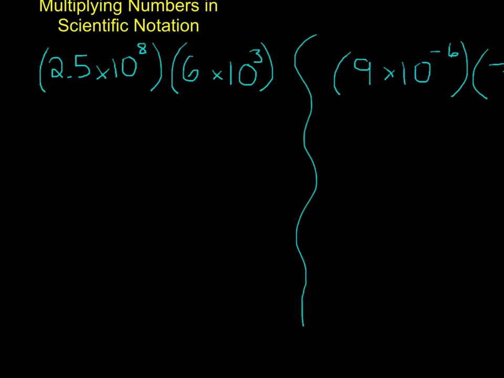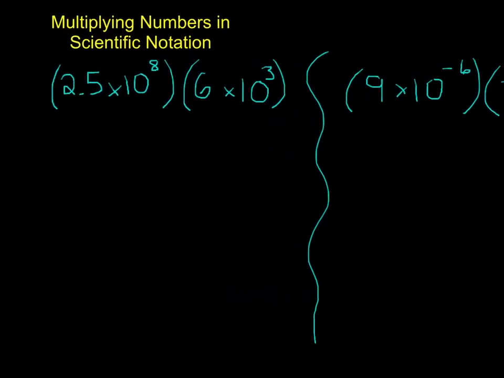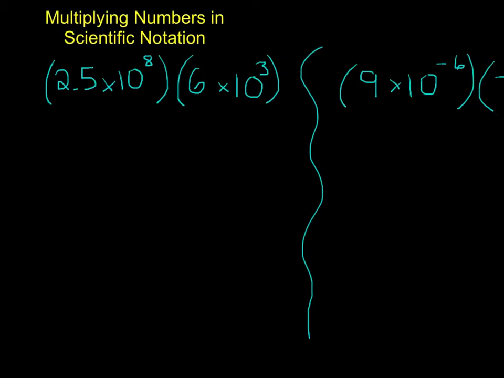Alright, the next set of examples, we're multiplying two numbers where both numbers are written in scientific notation. So let's start with this first example, 2.5 times 10 to the 8th times 6 times 10 to the 3rd. So if you notice, all this is a lot of multiplication. We're multiplying here, and then also we're multiplying here.